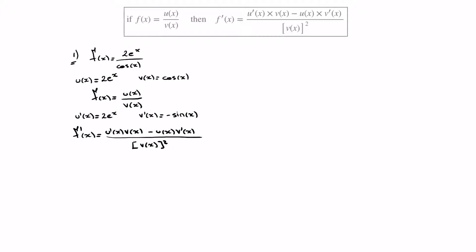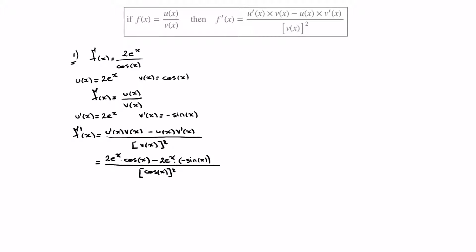We know that u dash of x is 2e^x, and v of x was cosine of x, minus u of x, which was 2e^x, times v dash of x, which is negative sine of x. And all of this divided by v of x squared, which is cosine of x squared.